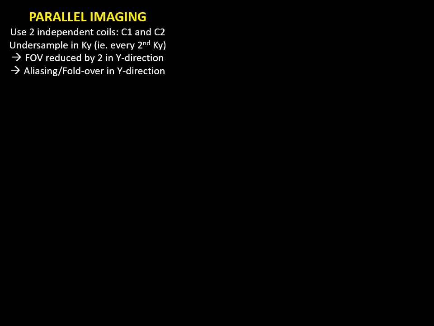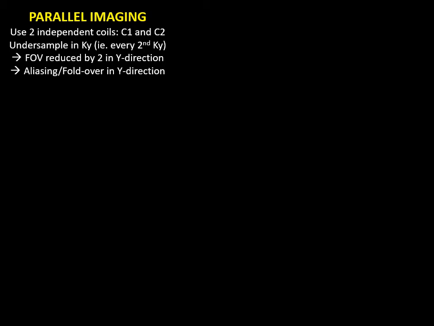Parallel imaging requires the use of 2 or more independent coils. In this example, we're going to use 2 coils. We're going to undersample in the KY direction. That is, we're going to go to every second line in the Y direction by incrementing the phase encoding gradient twice as much as we normally would.